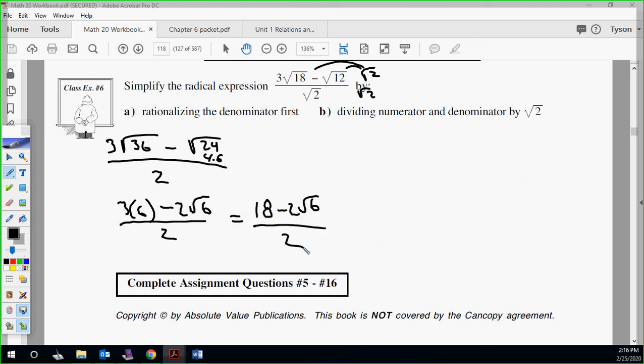And then we're here, and there's one more step. The last step is we're going to divide 2 top and bottom, because 18 has a 2 in common and 2 has a 2 in common. So 18 divided by 2 is 9, the 2's cancel, so minus root 6. That's your answer there.